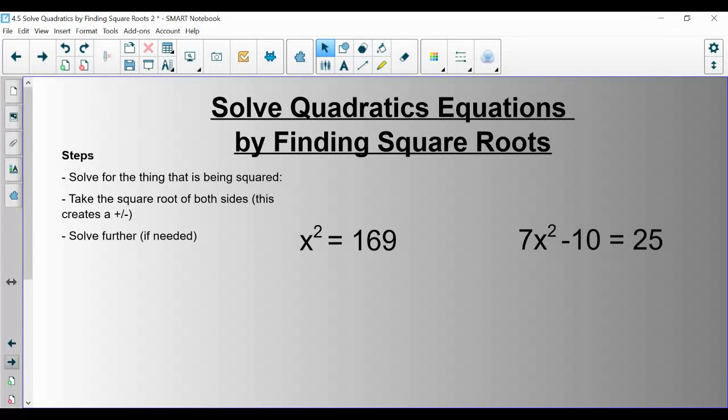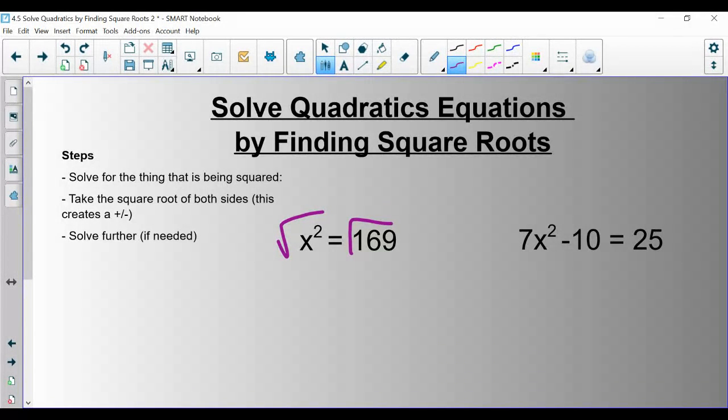We're going to start very simple, very straightforward, and then progressively get more difficult. So step 1 says to solve for the thing that is being squared. X squared is equal to 169. The thing that is being squared, which is x, is already solved for. So step 1 is done here. Step 2 says to take the square root of both sides. So in order to get rid of this squared sign, you would take the square root of both sides.